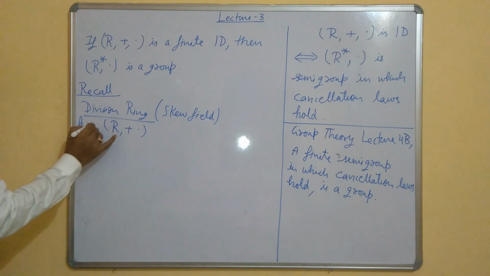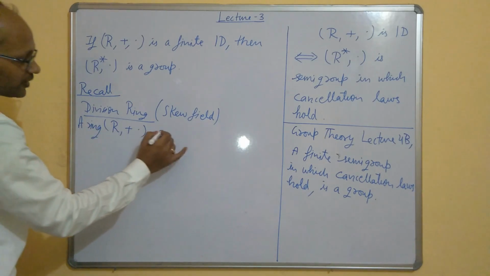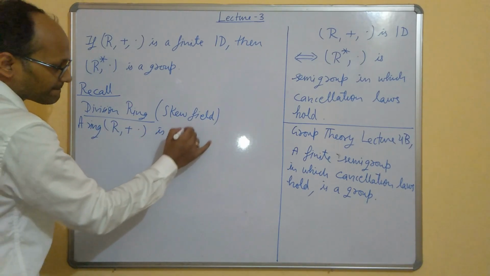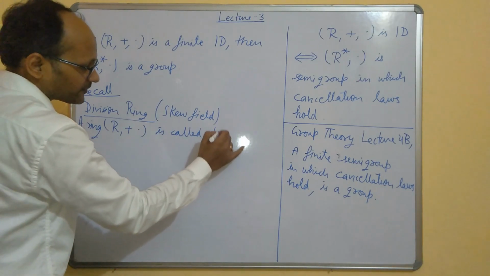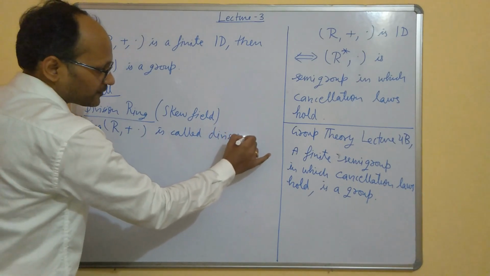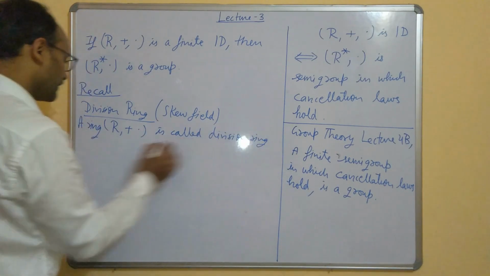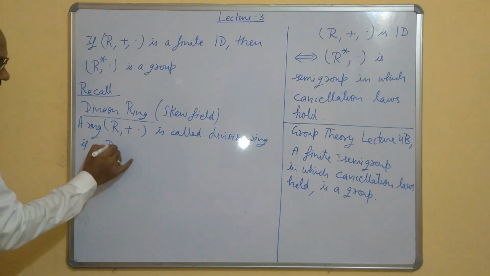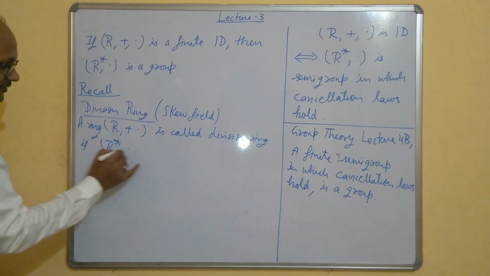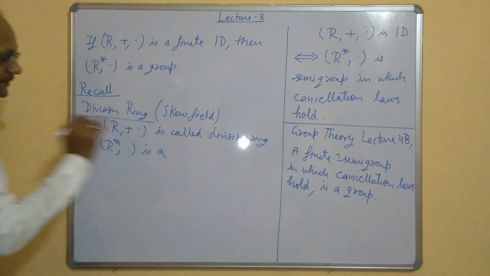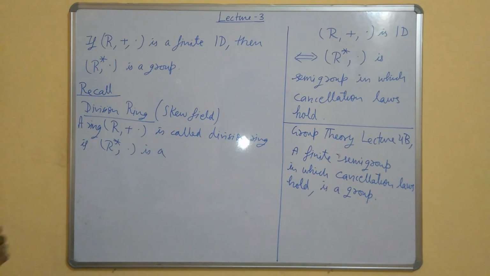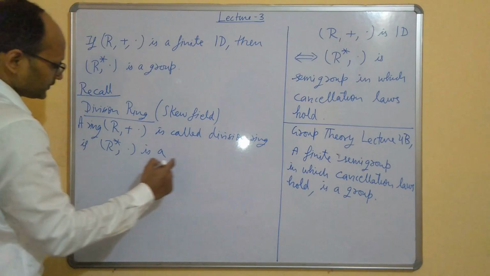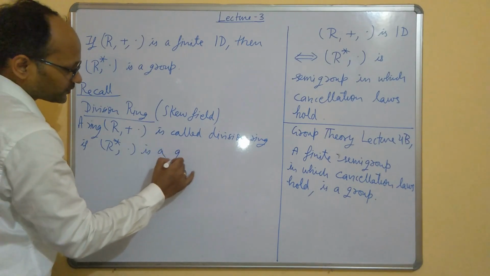A ring R plus dot is called division ring if R star dot is a group.